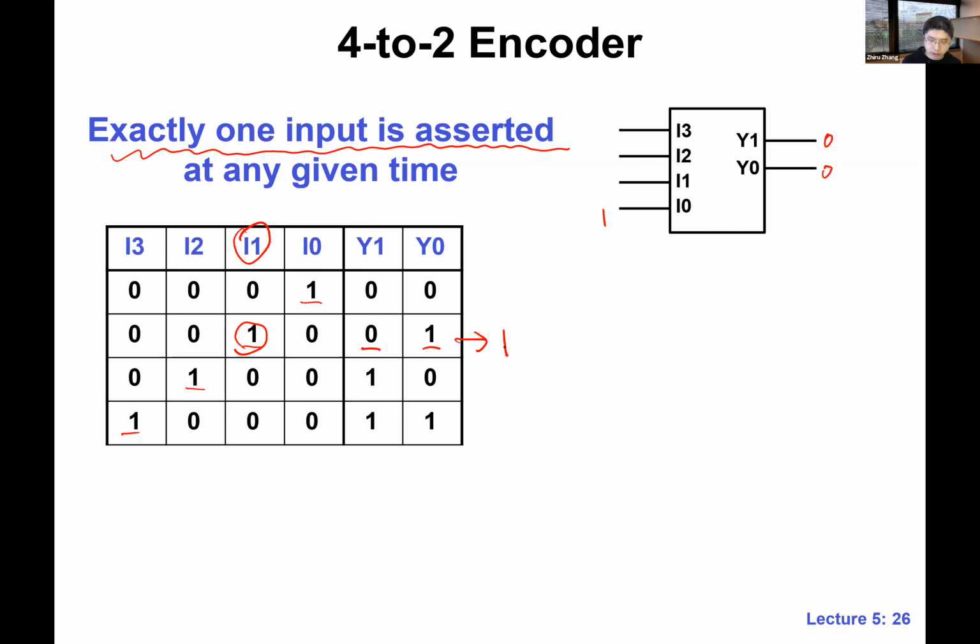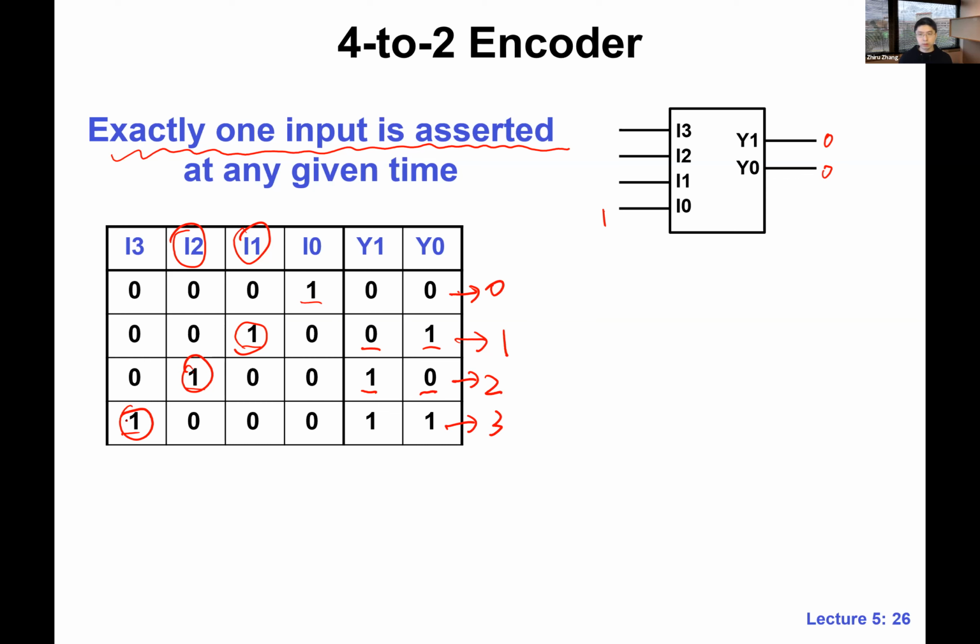So this is basically 1. Is it clear enough? And I2, over here, corresponding Y will be 1, 0. So which is 2. This is base 0, and this is basically 3.